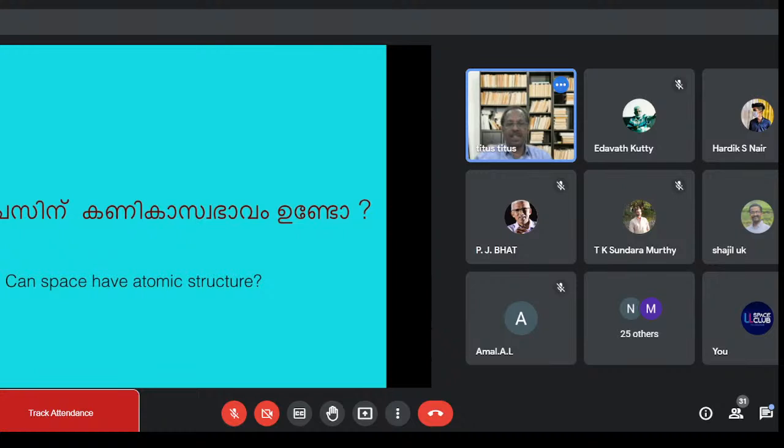The answer is that yes, space has the property to carry heat. Therefore, it must have an atomic structure, right? So the question is, how can space carry heat?